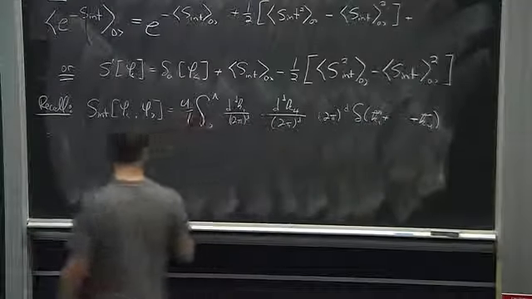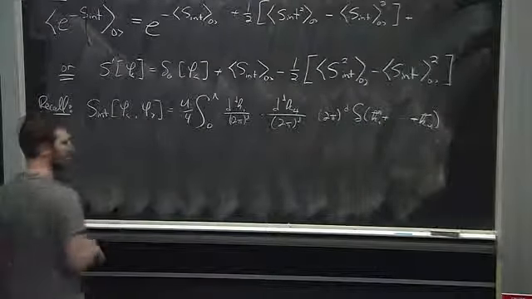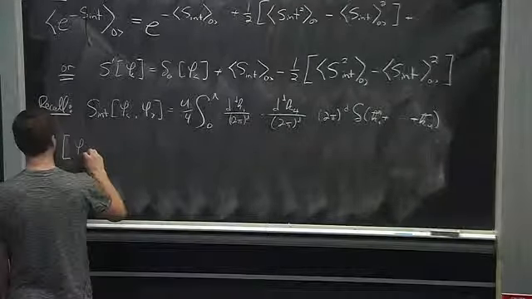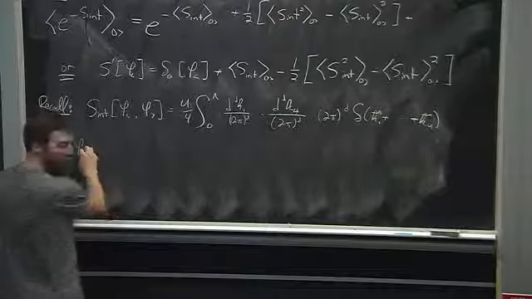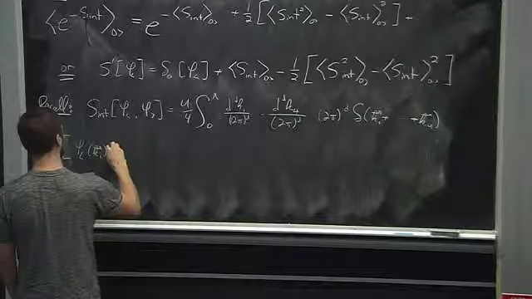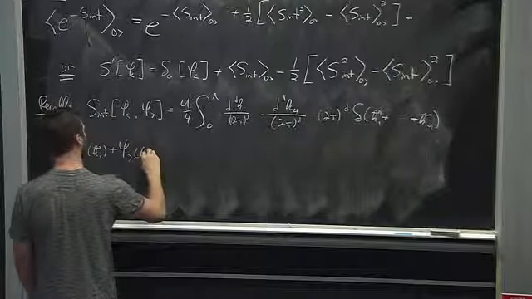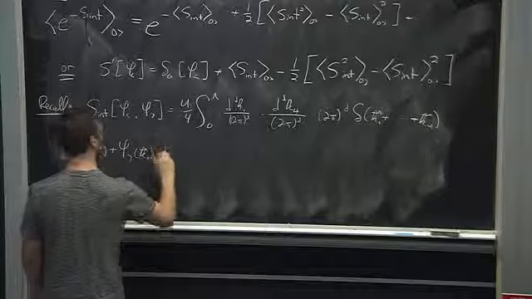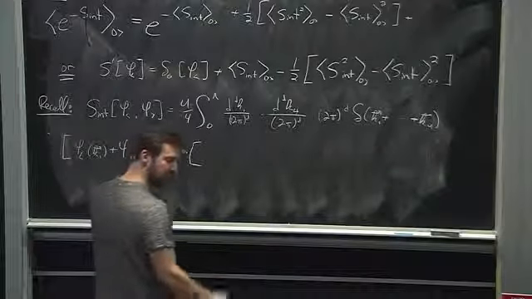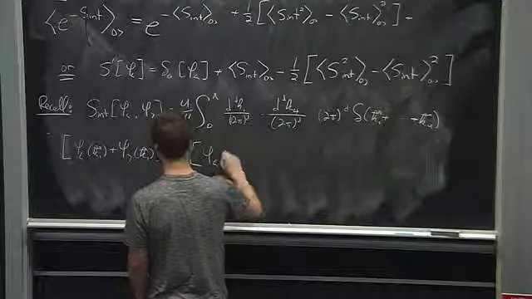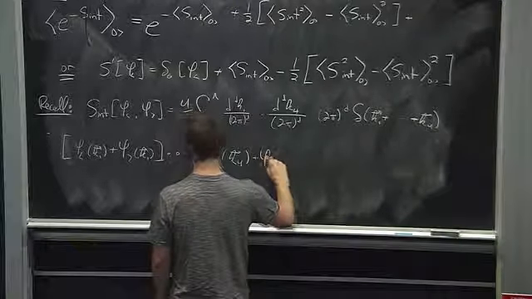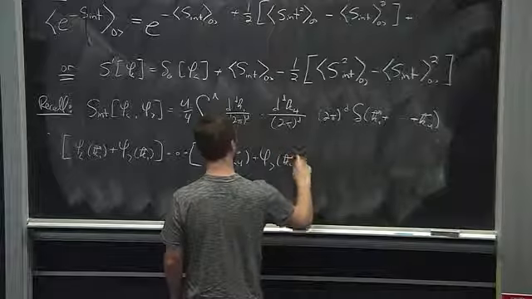I'm just being sloppy because it's in your notes. But remember, I split the field up into fast and slow modes. I did this right at the end of the class last time. So I have slow for 1 plus fast for 1, multiplied, and there are 4 of them, remember? So then it's slow for 4 plus fast for 4.